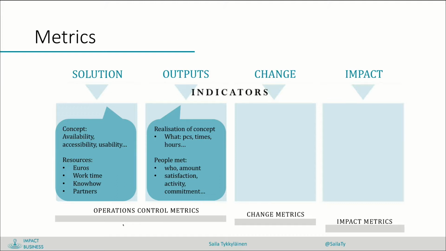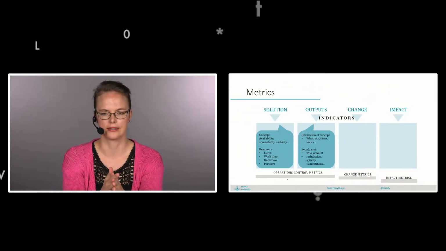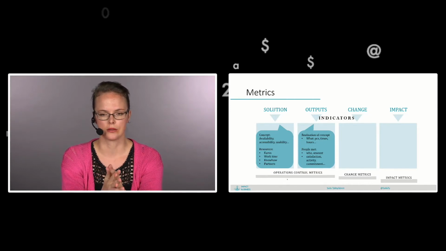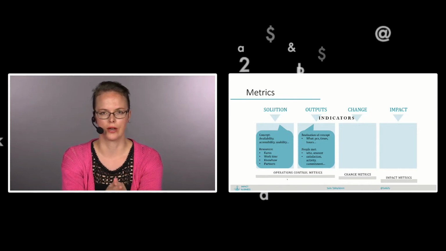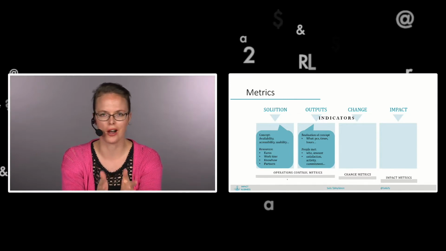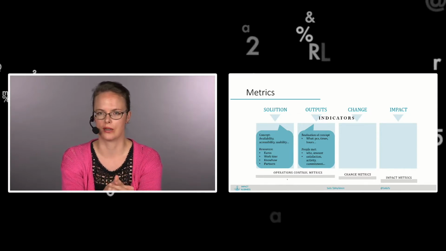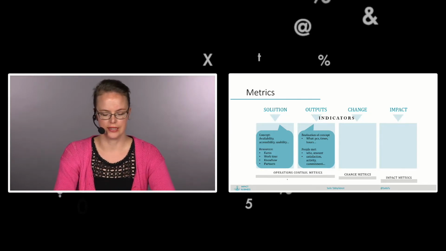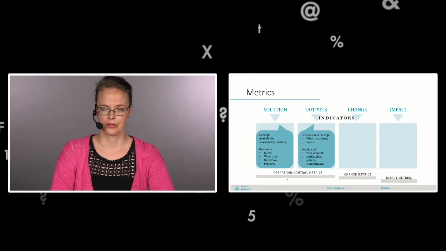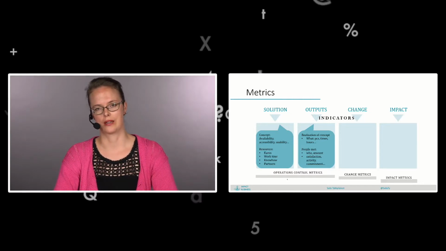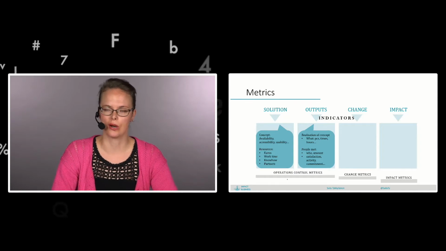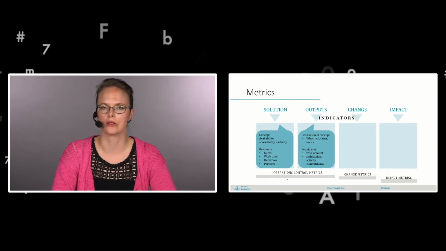Maybe I want to highlight one thing in this phase in particular, is that quite often you have certain target groups that you are reaching out for, and you should definitely keep a record on whether you are actually getting them to come to your services or using your product.